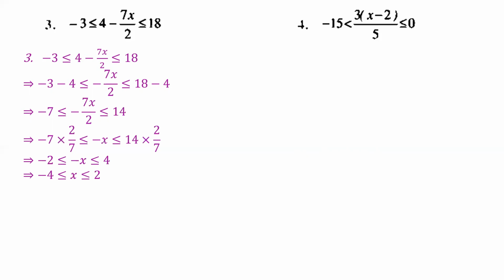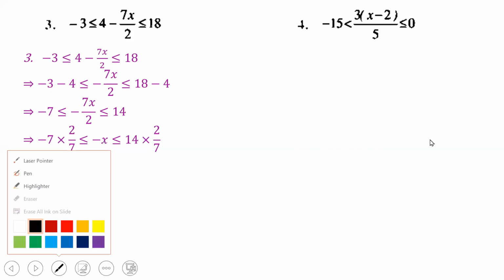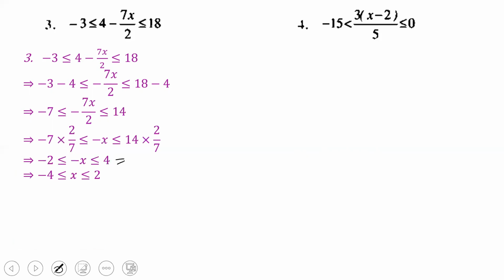Now I'm simply interchanging these points. If this creates confusion, you can simply write it as 2 greater than or equal to x greater than or equal to minus 4. Ultimately, these two are the same. Okay, moving to question number 4.